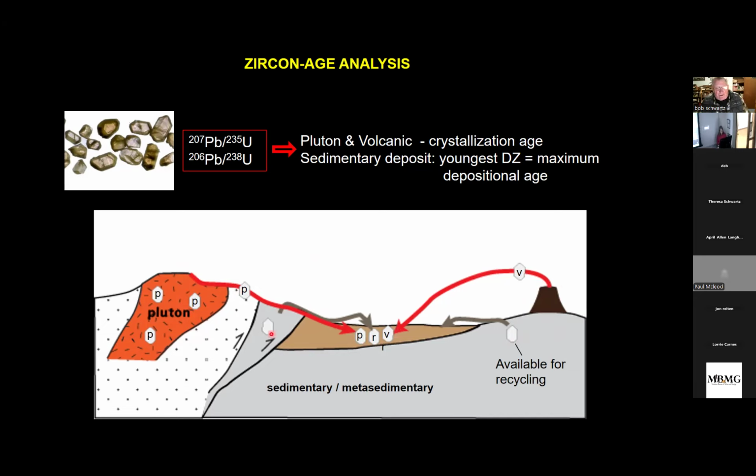And there's also the possibility or the reality of getting zircons from country rock, which I refer to as recycled zircons in the basin. But in this case, you have plutonic zircons related to the crystallization age of zircons in the pluton at the time of erosion and deposition.